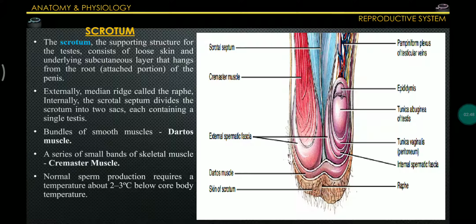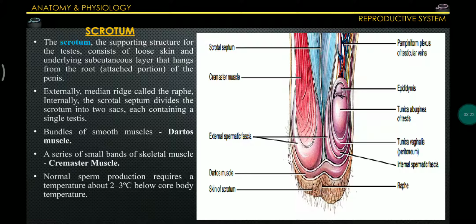It has a middle ridge, which we call the raphe, which externally divides it into two sacs, each of which contains a single testis. It consists of bundles of smooth muscle, which we call dartos muscle, and also a series of small bands of skeletal muscle, which we call cremaster muscles.